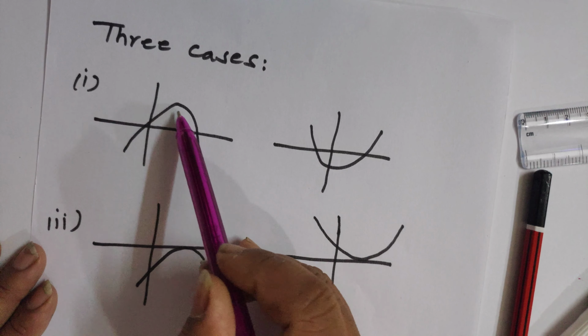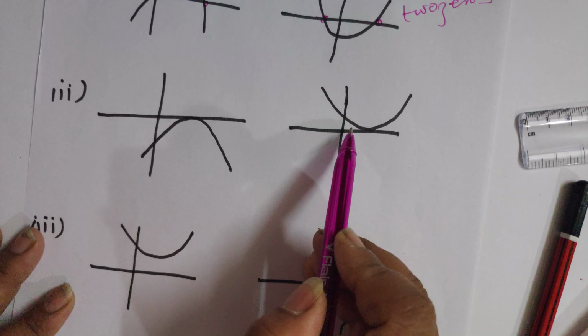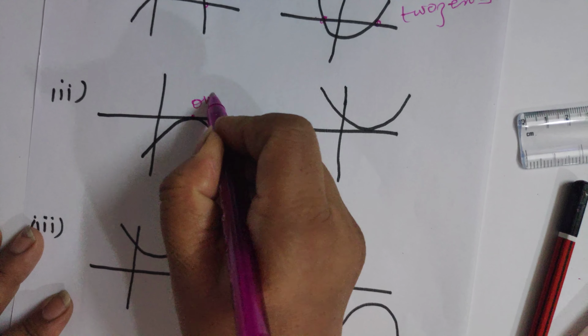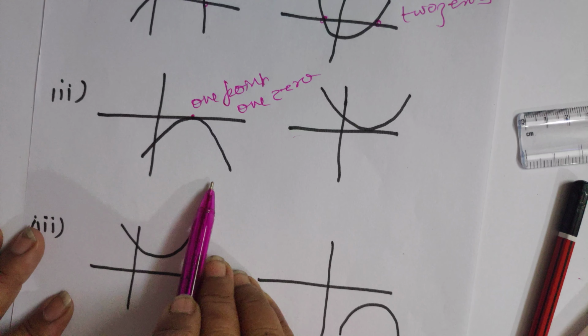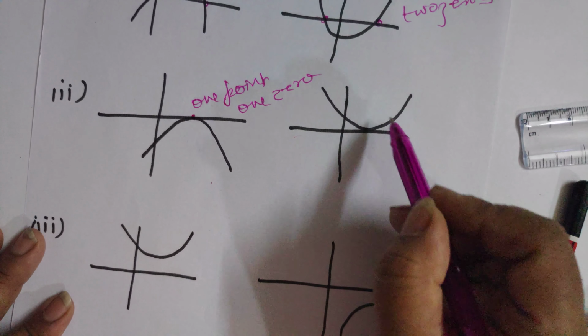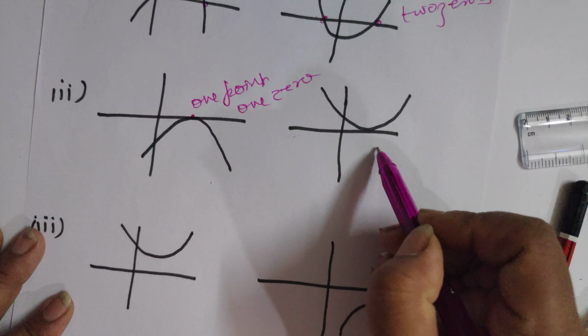In this case, since the parabola cuts the x-axis at 2 points, there are 2 zeros. Here also it cuts at 2 points, so these are the 2 zeros, and we consider the x coordinates. Here the parabola cuts the x-axis at only 1 point, so we get 1 zero, both where the parabola is downward and where it is upward.